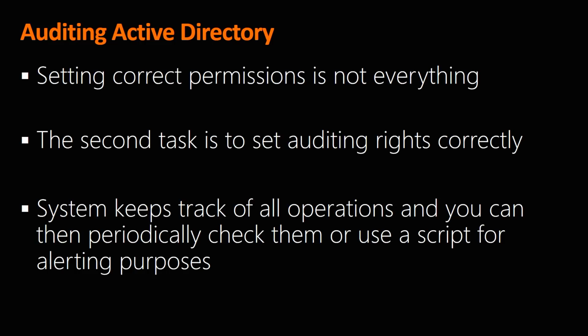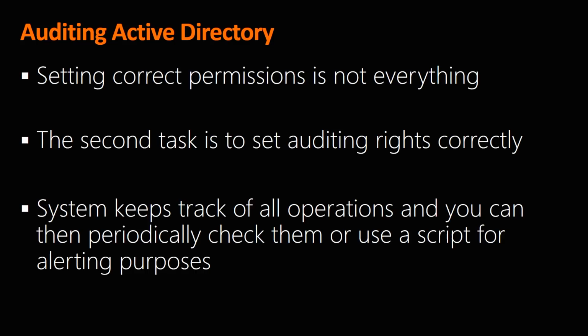On top of setting permissions that will either allow or deny an operation on AD object, we have to think about auditing. This is also set up in the same UI.